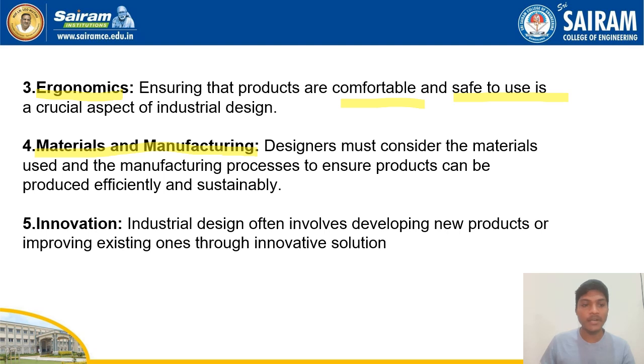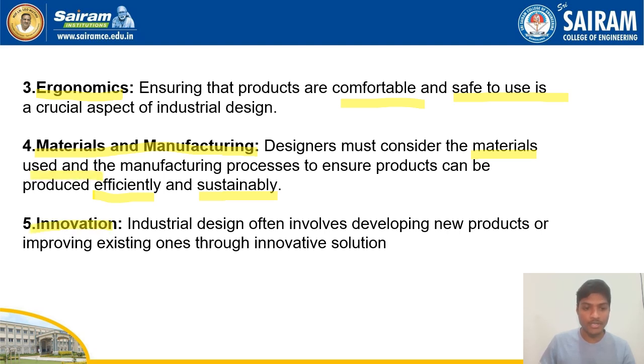Designers must consider the materials used and the manufacturing process to ensure products can be produced efficiently and sustainably. Here, sustainability and efficiency matter a lot, and the materials used matter a lot.